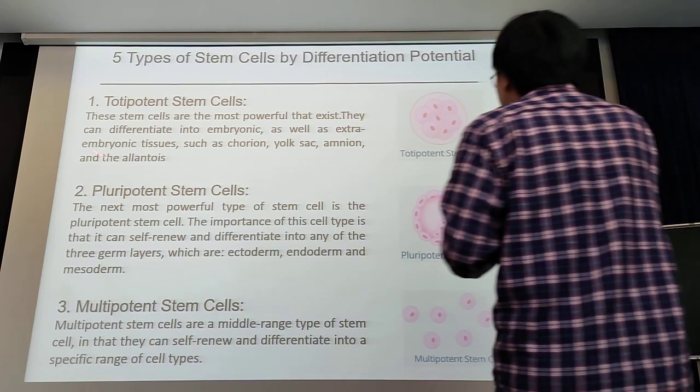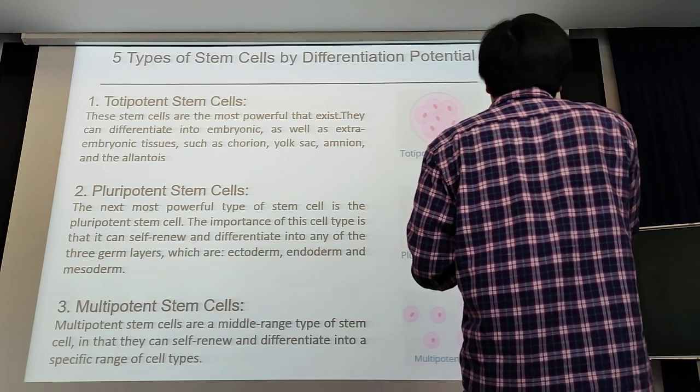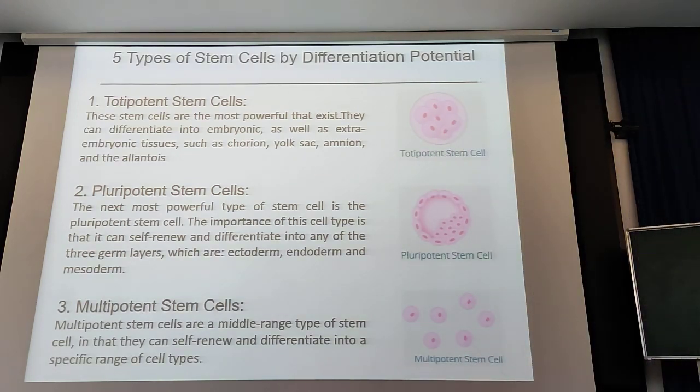This cell line, like the zygote, can basically differentiate into any type of cell in the human embryo. And of course, with this unlimited ability, it has the least epigenetic marker restriction.